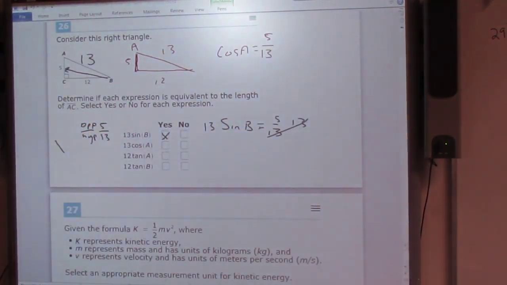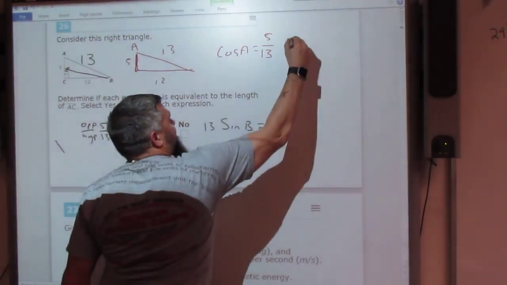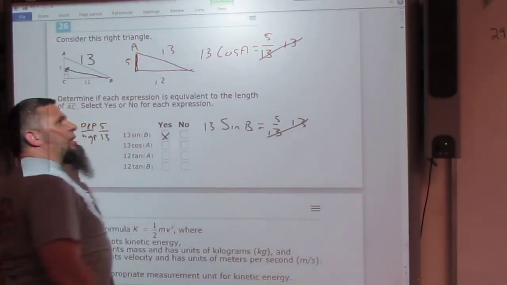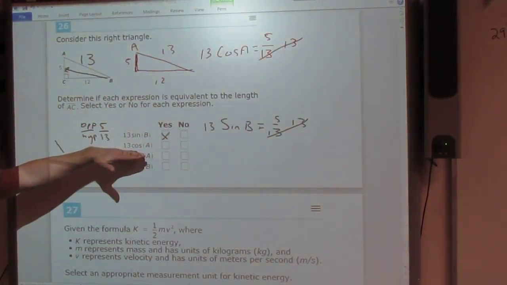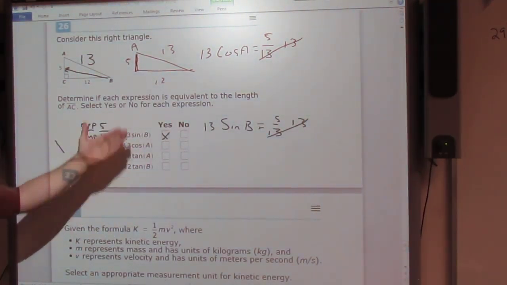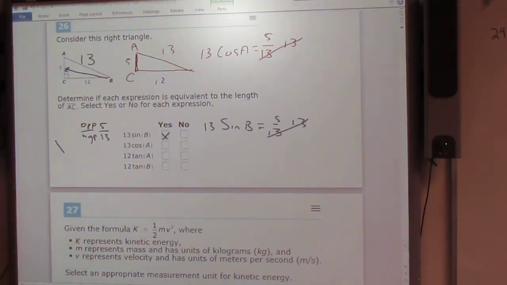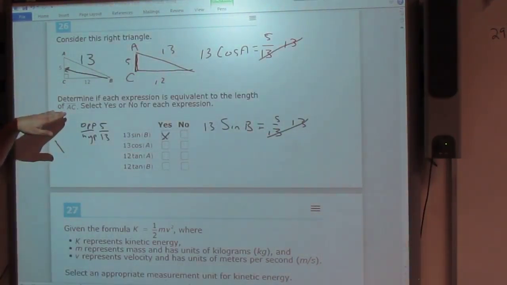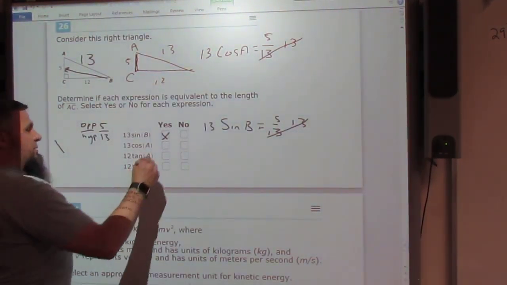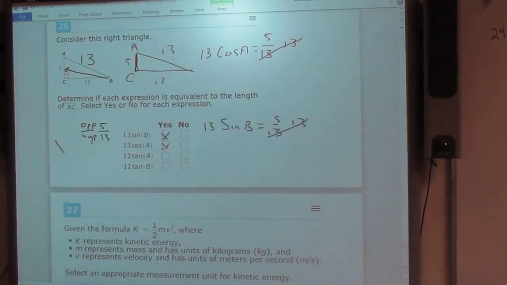And if we multiply both sides by 13, again, we would get 13 cosine A is equal to 5. And we both agree that 5 is AC, right? So that would also be equivalent to AC. So that one's good.